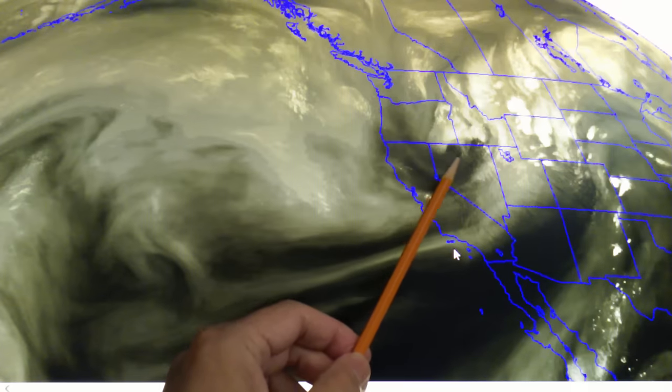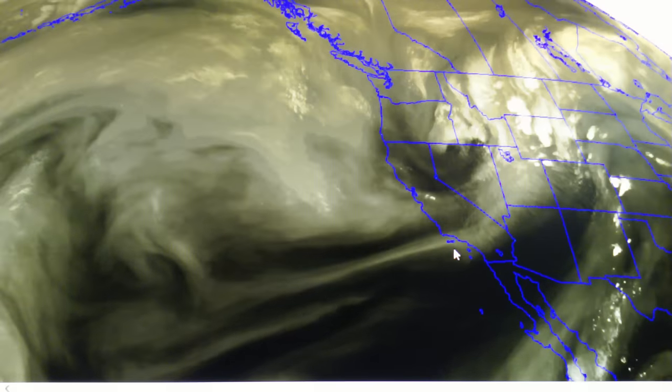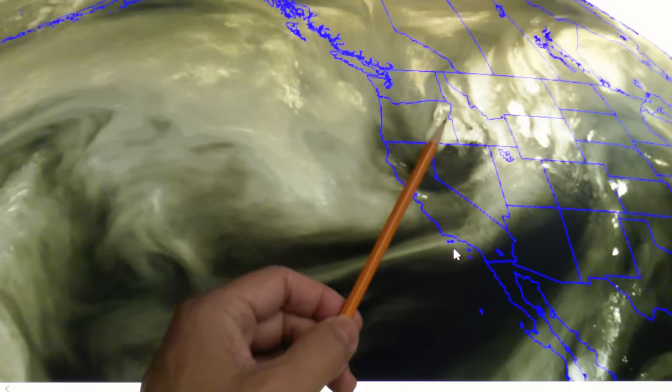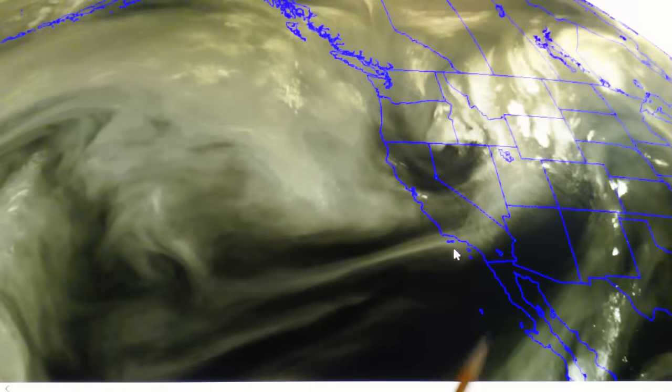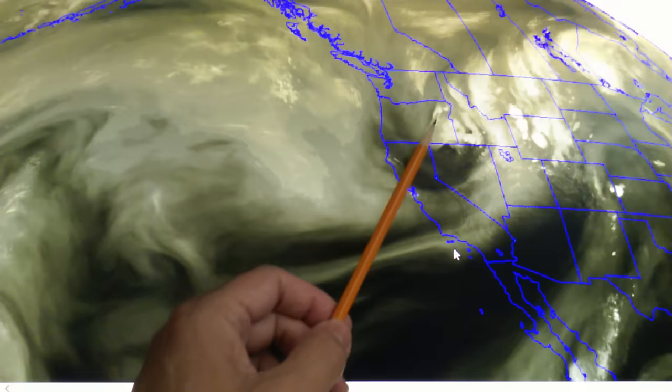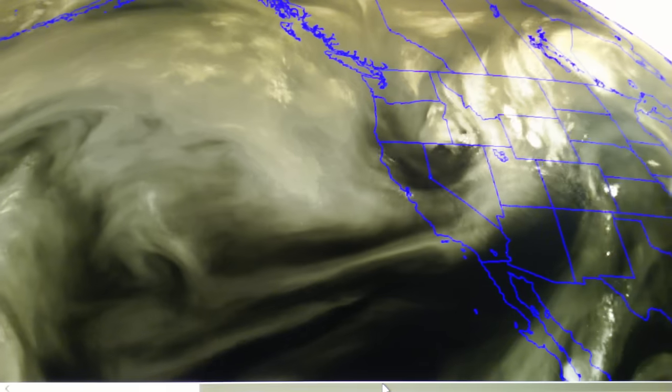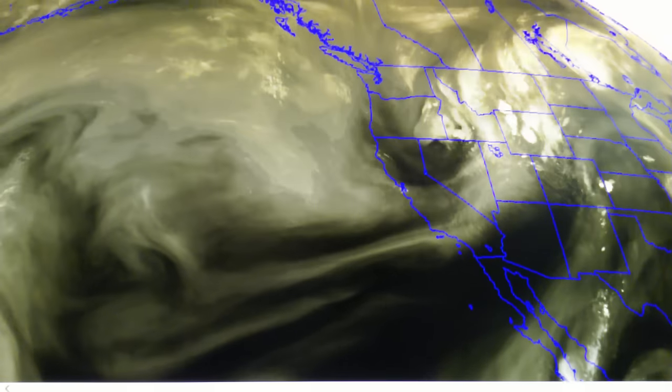Right angle cut out on that center of that. Also, we have what looks like some clockwise rotation trying to develop right here. Clockwise rotation in the middle of that storm system. That's about as good as it gets as far as proving weather manipulation.